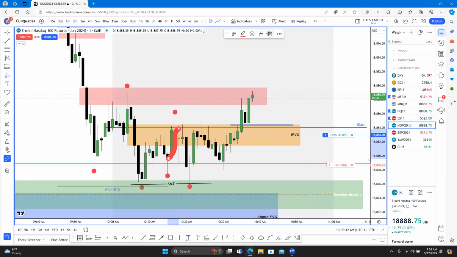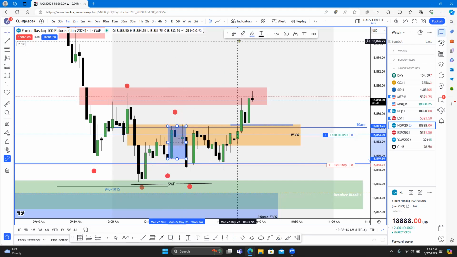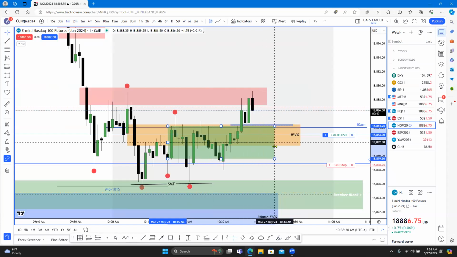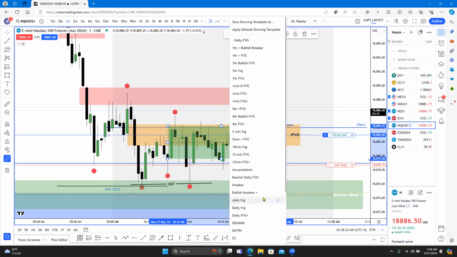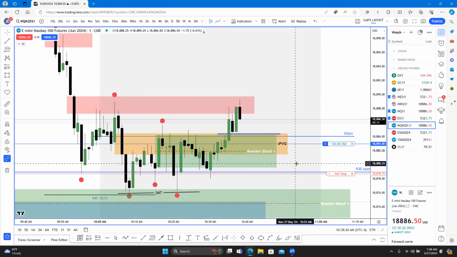Whoa, I don't want that. A smaller breaker in here. And we'll make this green. All right, so we have a breaker there. Bullish breaker.